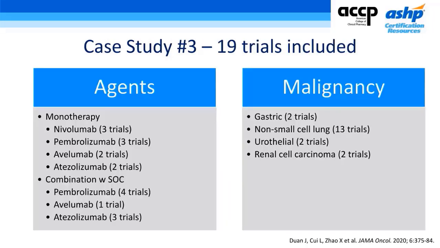This slide shows the different agents and the type of malignancy from the 19 trials that were included in the meta-analysis. So we had monotherapy and combination with standard of care, and then the different types of malignancies were gastric, non-small cell lung, urothelial, and renal cell carcinoma.